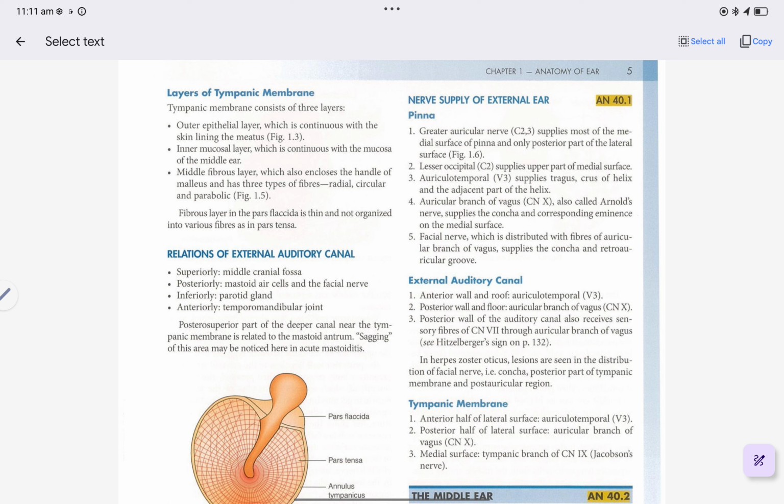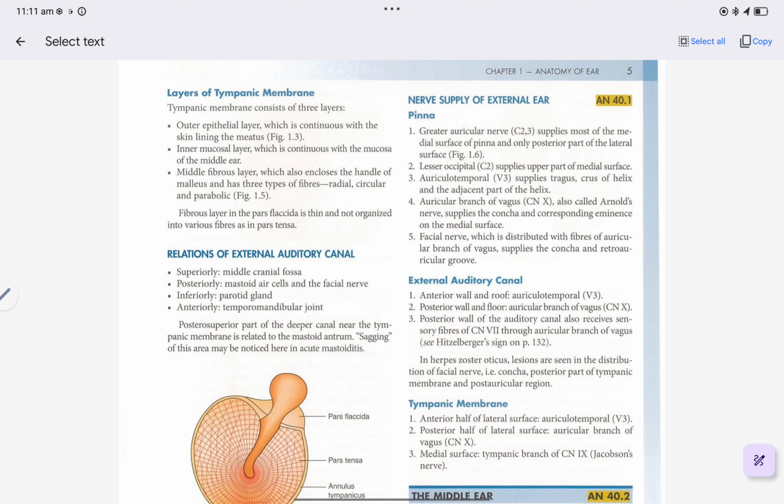Auricular branch of vagus, cranial nerve 10, also called Arnold's nerve, supplies the concha and corresponding eminence on the medial surface. Facial nerve, which is distributed with fibers of the auricular branch of vagus, supplies the concha and the retroauricular groove.